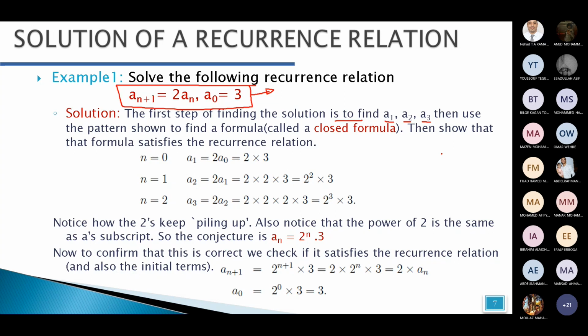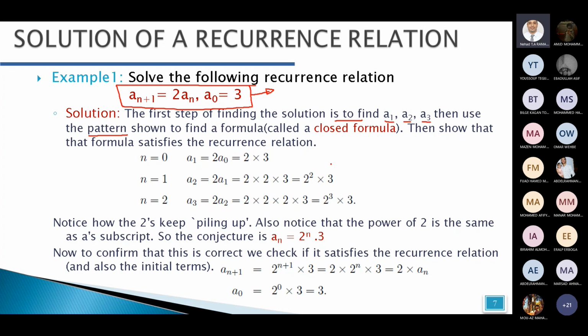And then we try to find a pattern. A pattern here means something that is repeated in the sequence terms.